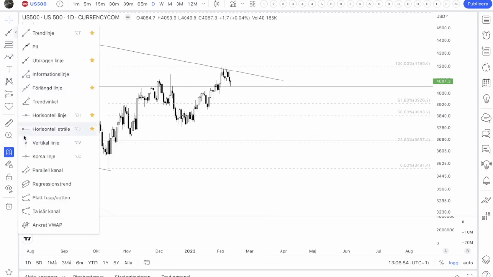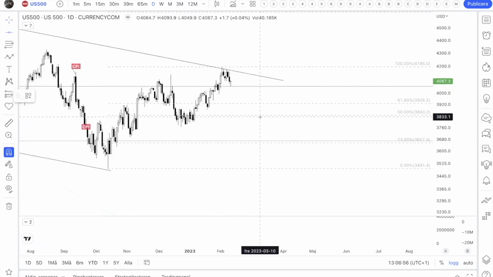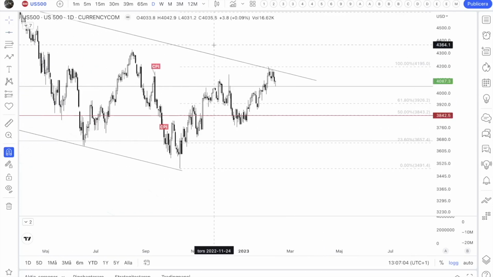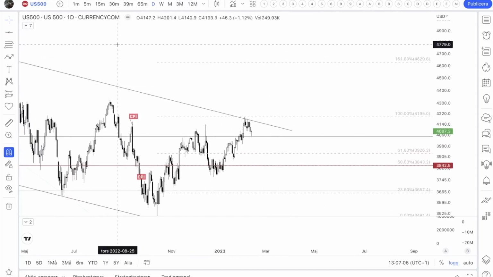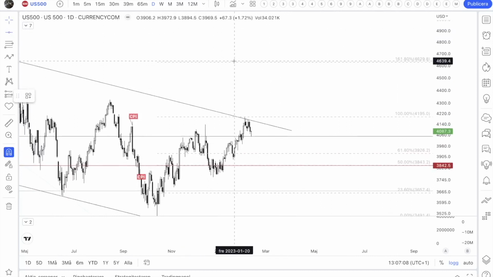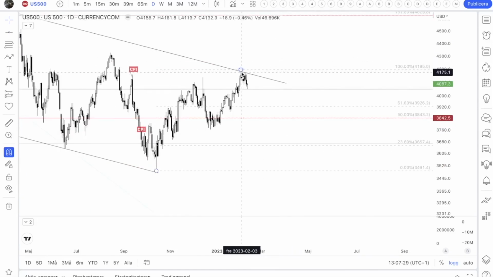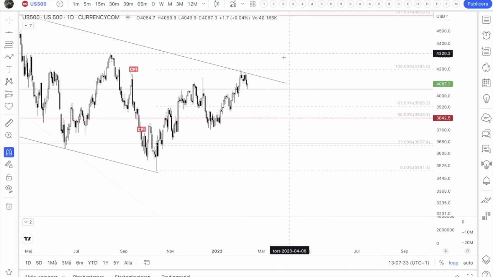So that's how you can use it to also plan. And what I do actually is also, so I'm going to draw at 50, I'm going to draw a line. And then I'm going to also draw a line at the projected price up here as a target, potential target. Maybe price will pull back to here, to the 50.